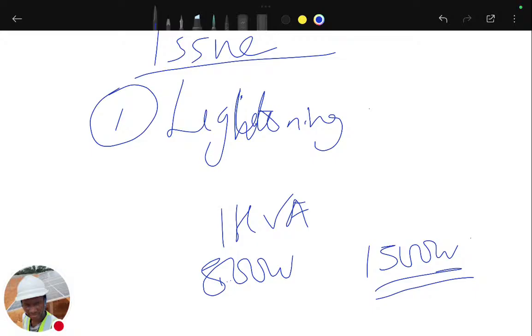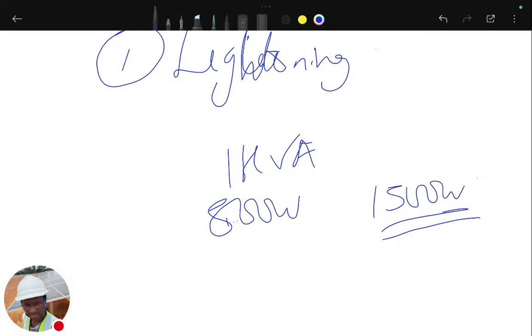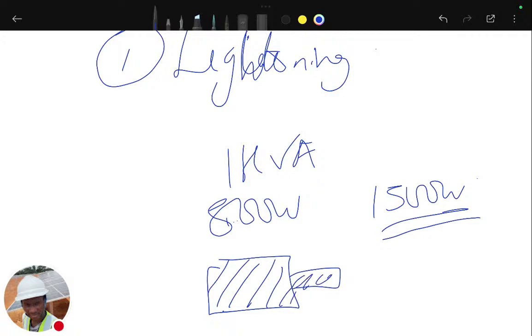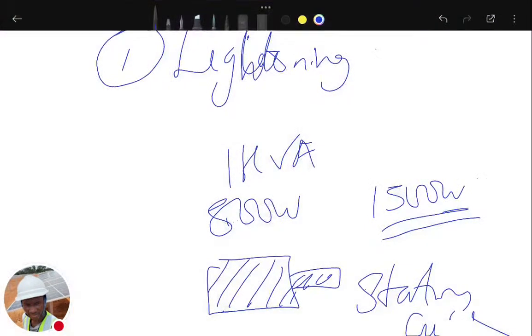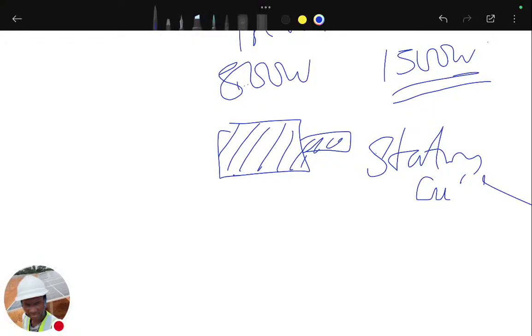What it means is that electromagnetic devices such as motors, for those of you in electrical or in SESE, have what we call starting current. Those starting currents are usually higher than the rating of the motor themselves.